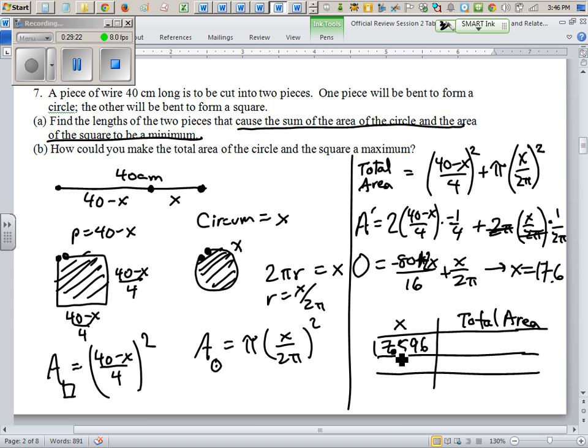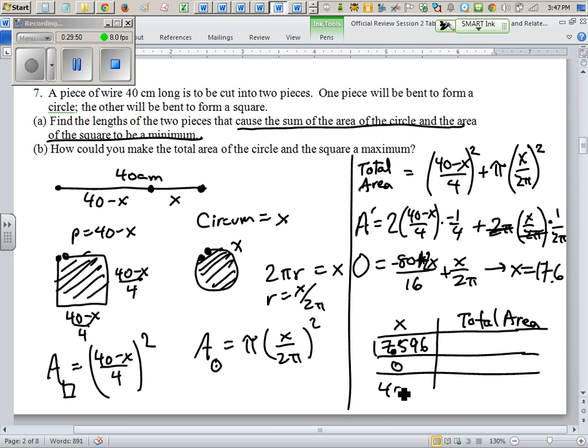So what's the smallest x could ever be in this picture? 0, if we never cut the string. What's the biggest x could ever be in this picture? 40, right? Because x is a part of the string. So its meaningful real-life constraints are 0 and 40. These are the 3 candidates for x.